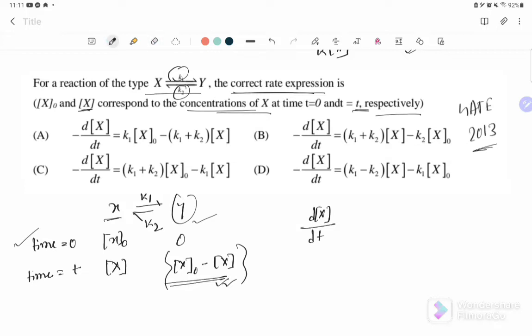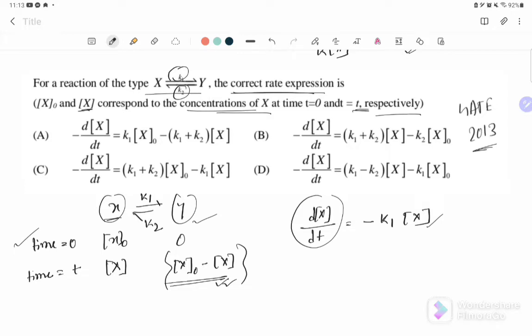In the forward reaction, X is converted to Y, so it will be minus k1 x. Why am I writing x here? Because we know that the rate at any time depends on the concentration of the reactant at that time.